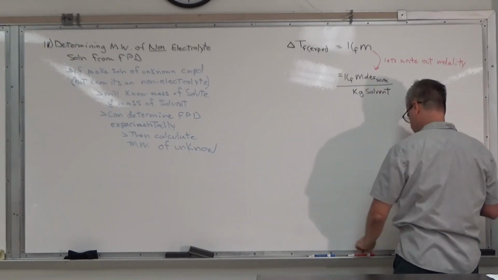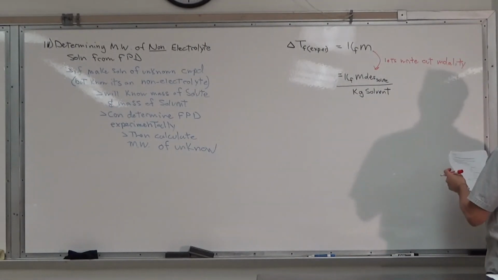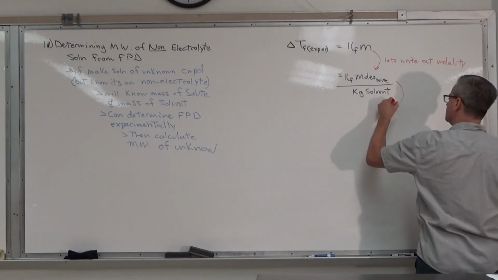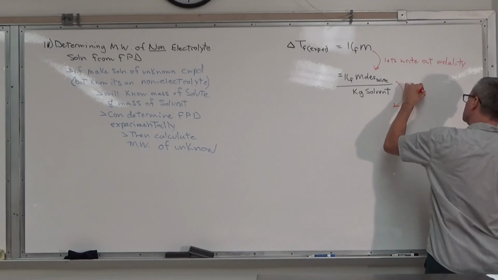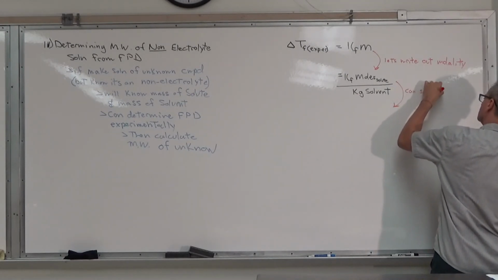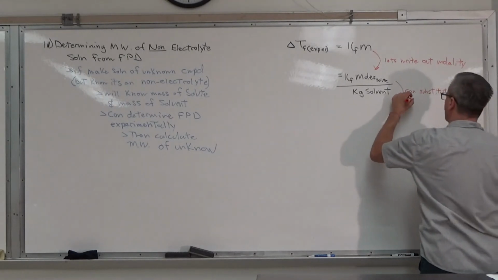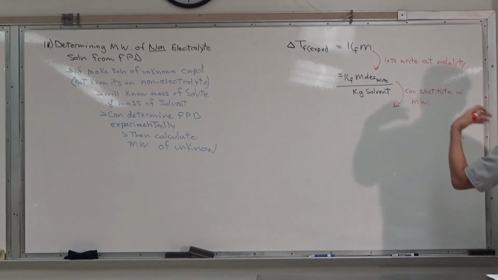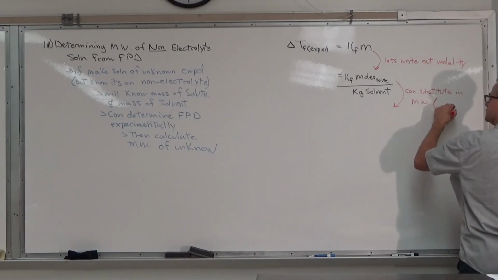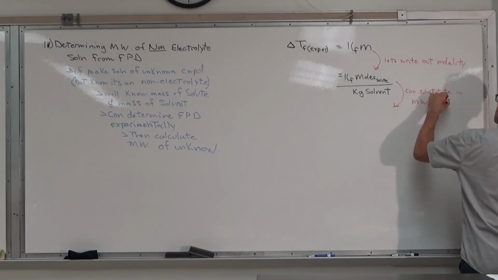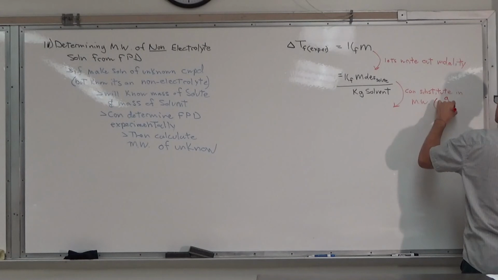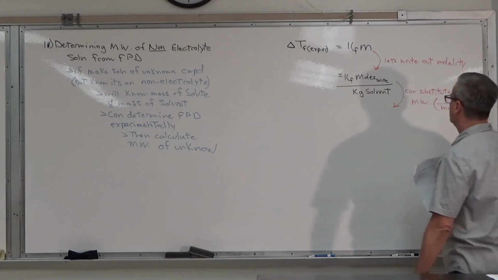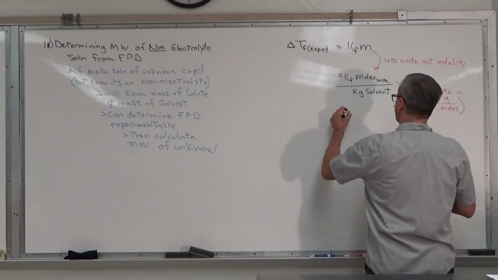Now we're going to do something kind of funny. We can take moles out and substitute molecular weight in. Remember, molecular weight, or molar mass, is grams of solute per moles of solute.